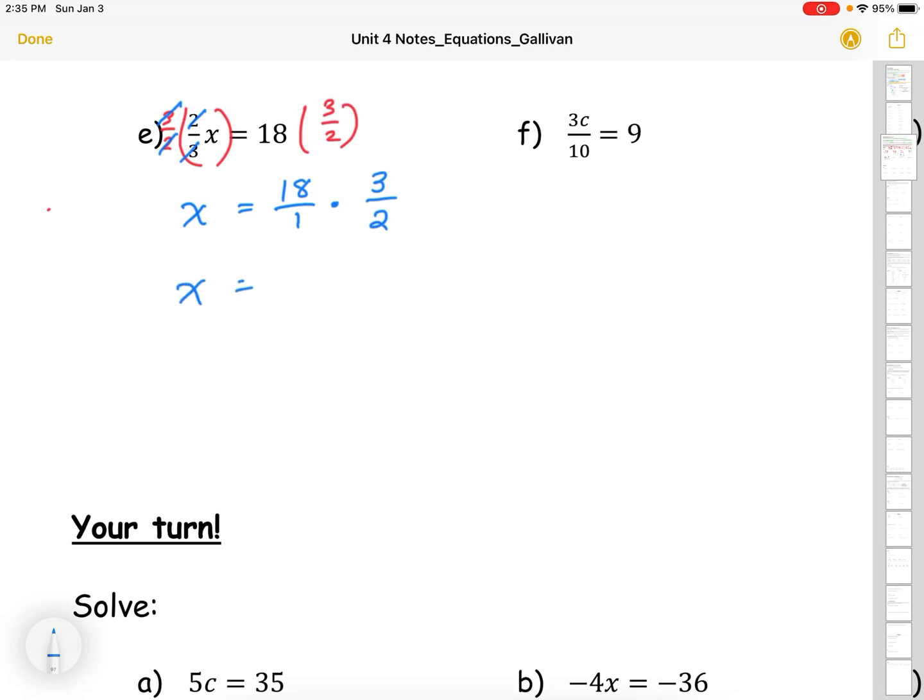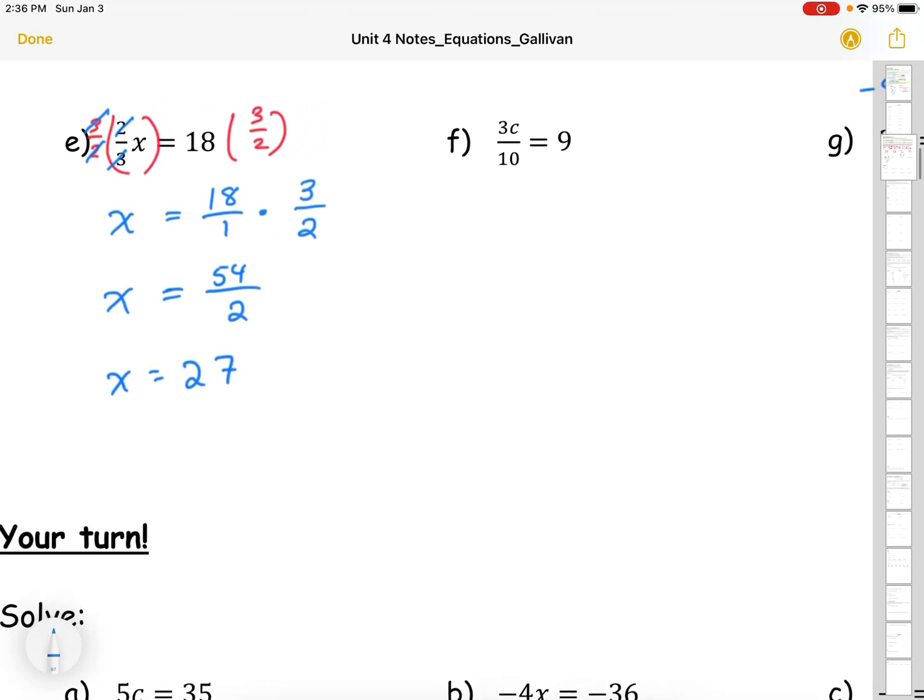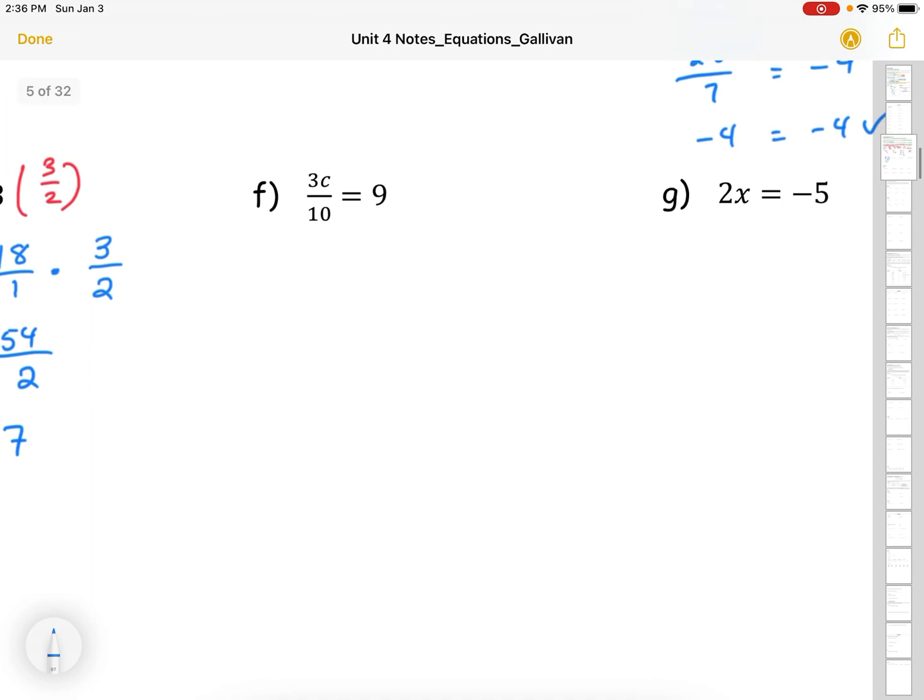So 18 times 3 is 54 over 2. And then I can divide 54 by 2 and get 27. Okay, if you want to check if that works, you can check. Times 2 divided by 3, it works. Okay, I'll trust you to do that yourself.